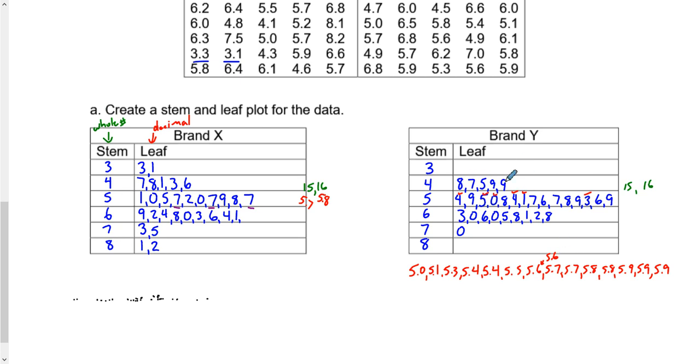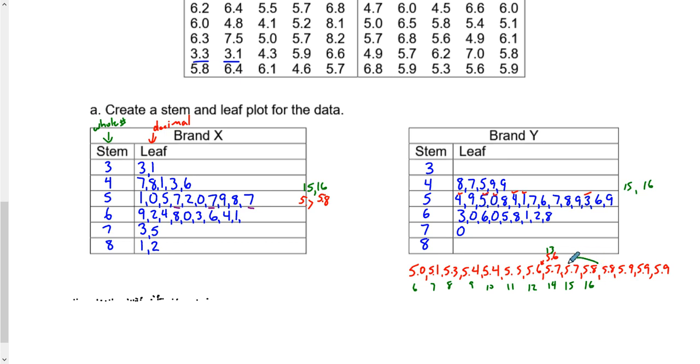So I have 1, 2, 3, 4, 5 here. This would be 6, 7, 8, 9, 10. 6, 7, 8, 9, 10, 11, 12. That's 13. That's 14, 15, and 16.